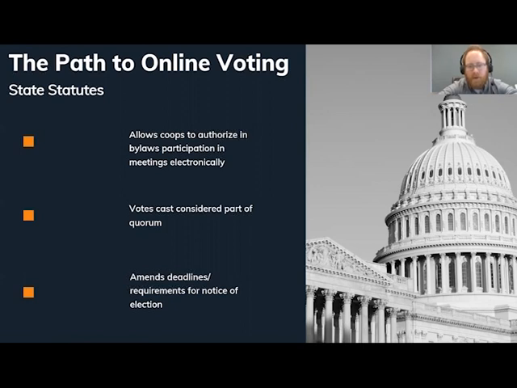So one thing you want to make sure is some ballots are including those meeting minutes from the previous years and the financial statements, just to make sure that everything is teed up, and when you do your virtual annual meeting, or if you don't have it, that counts towards the quorum and the requirements that your board needs to make that meeting official. And then also you want to make sure that you amend your deadlines and requirements for the notice of the election.